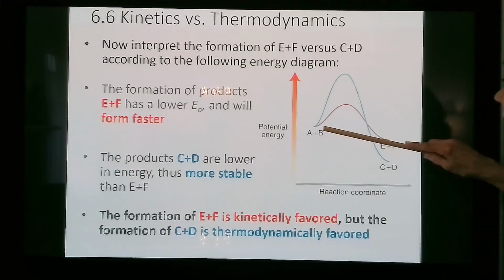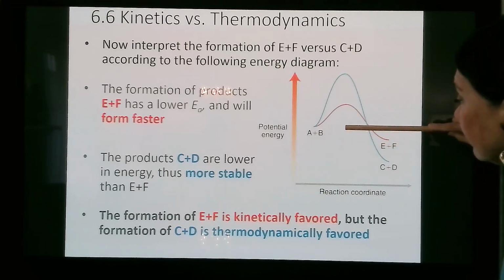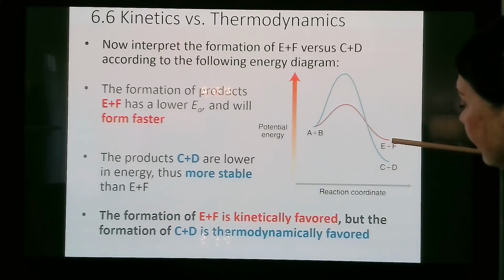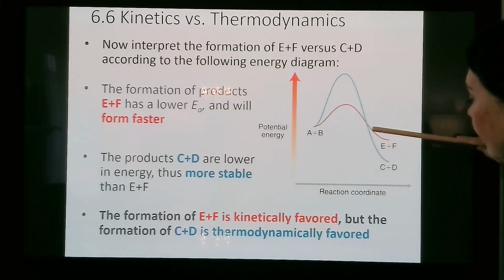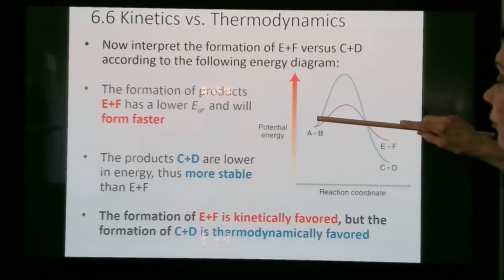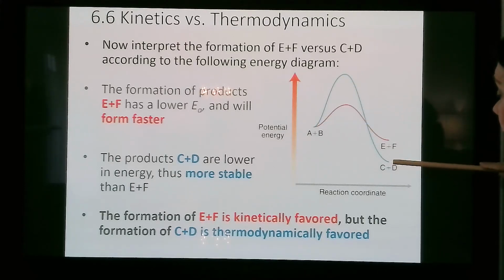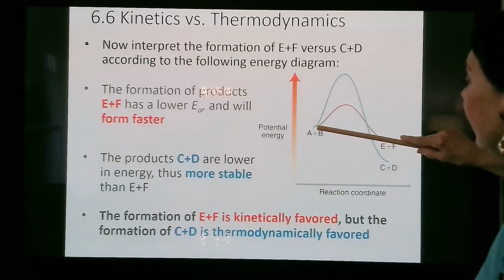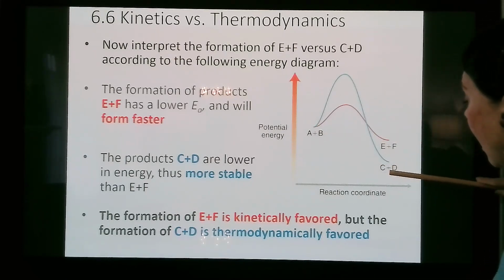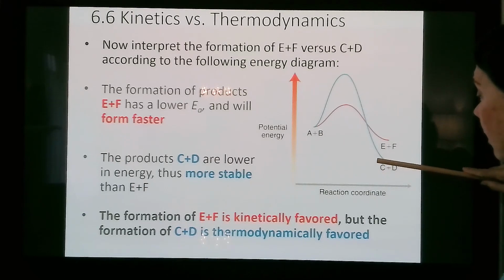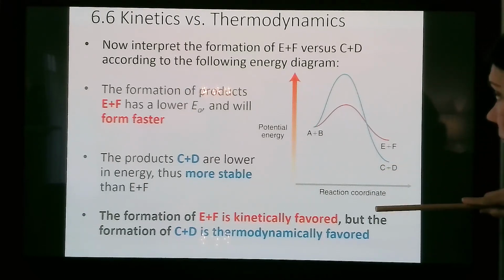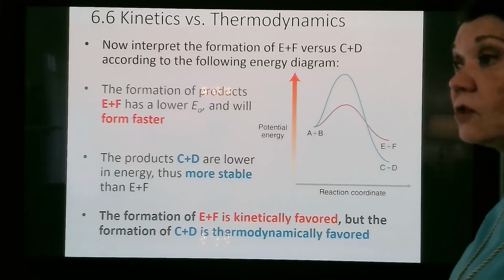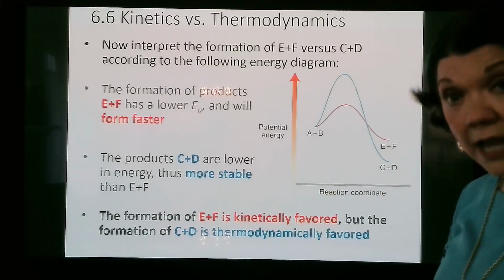So this is said to be kinetically favored because it has a lower energy of activation. The reaction described by the red line. The reaction described by the blue line is said to be thermodynamically favored because it has more stable products, lower energy products. Okay, but both of these reactions are kinetically controlled reactions.